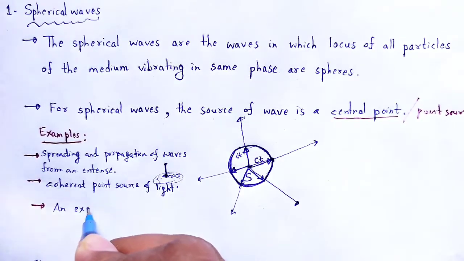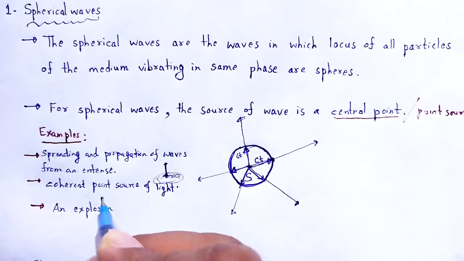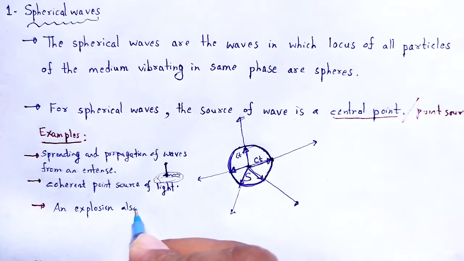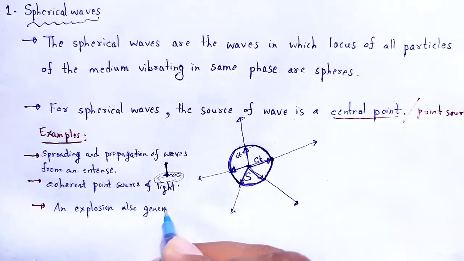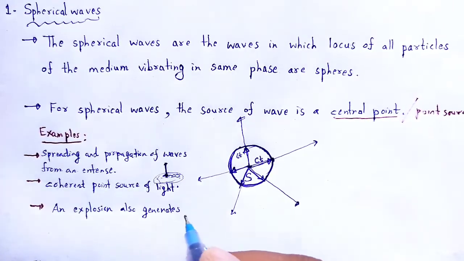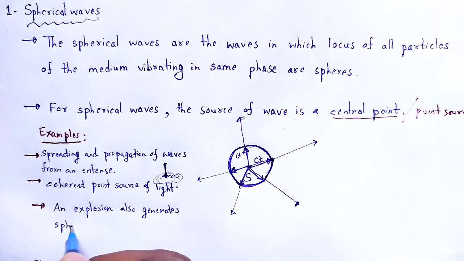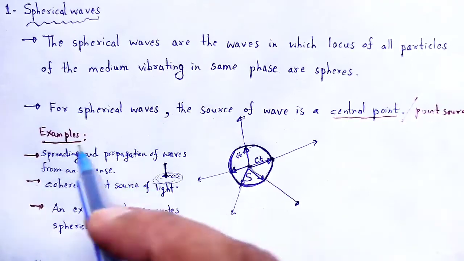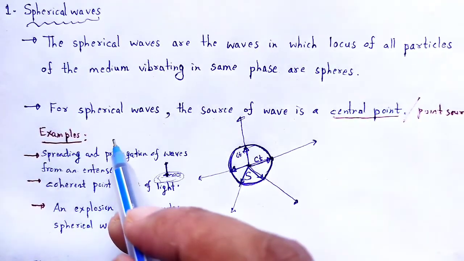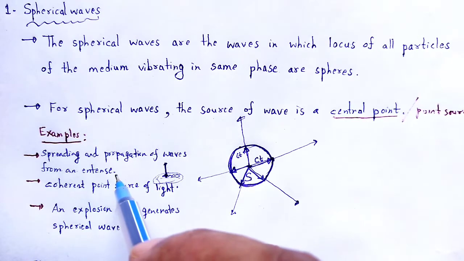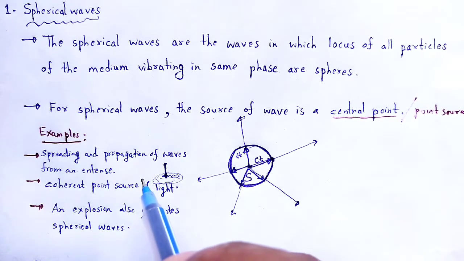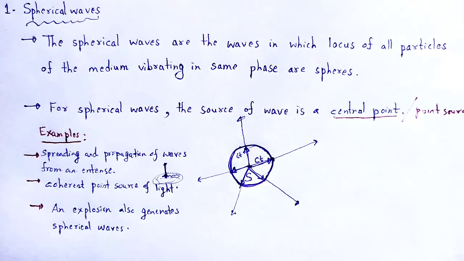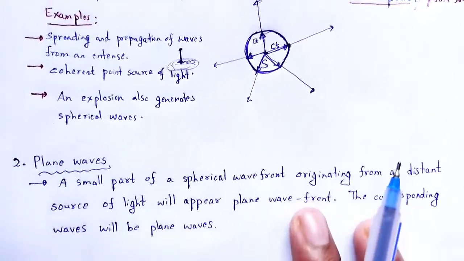An explosion also generates spherical waves. In all these cases the source is a point, or we can say the central point through which the spherical waves are created.